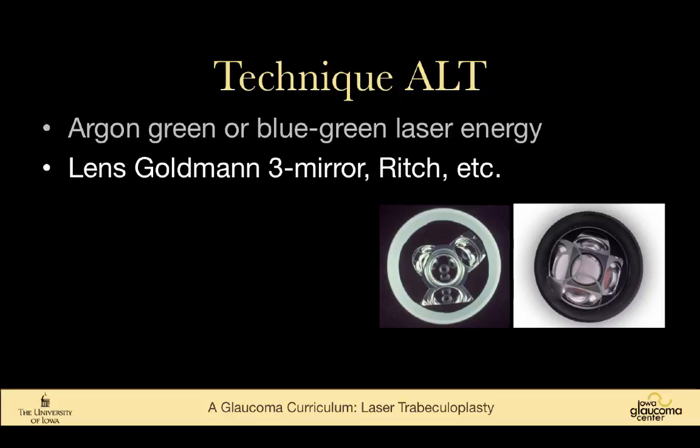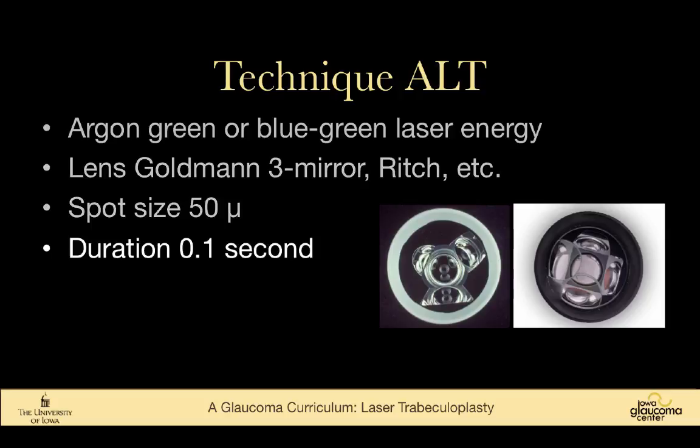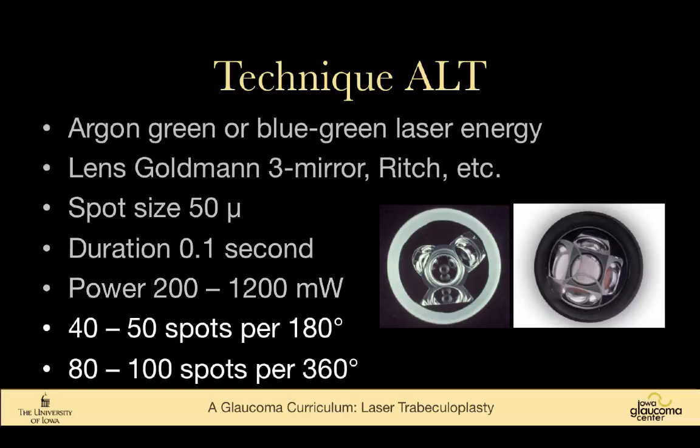There are lots of lenses that can be used, but they're all variations on the Goldmann style lens. It's a small spot size, 50 microns, short duration, 0.1 second, and the power is titrated between 200 and 1200 milliwatts. One can either treat 180 or 360 degrees with anywhere from 40 to 100 spots.